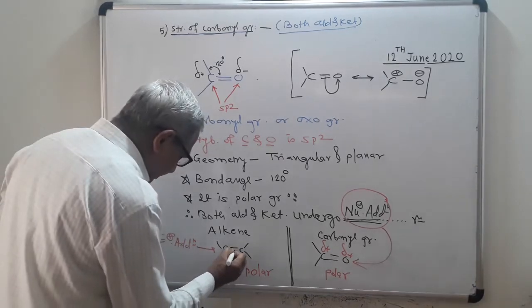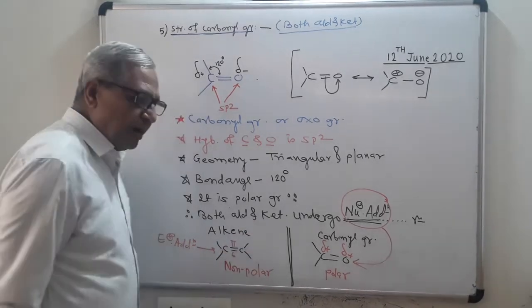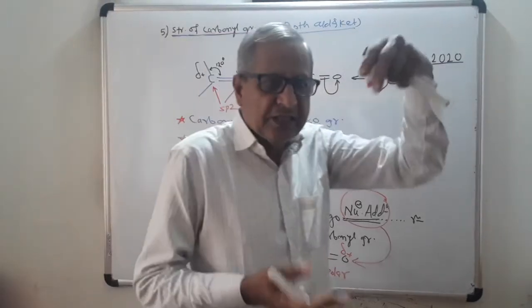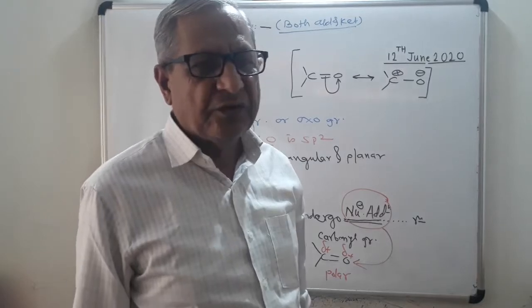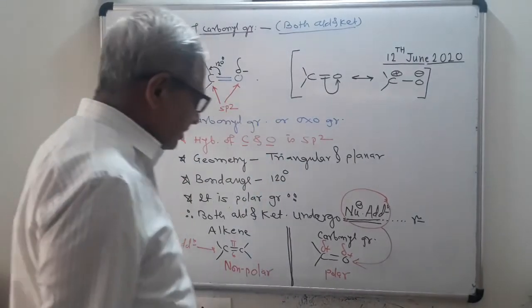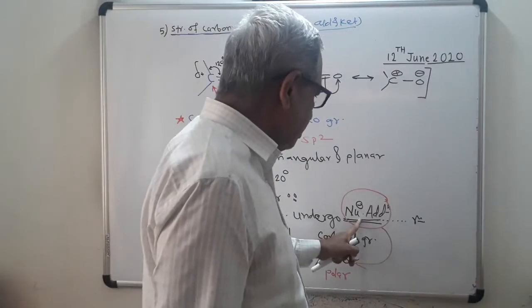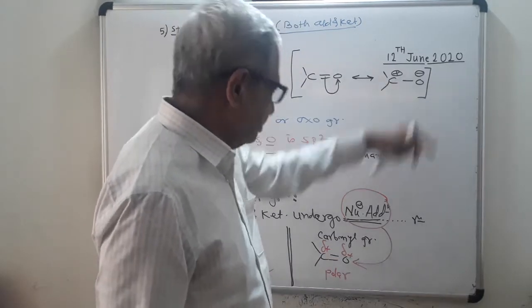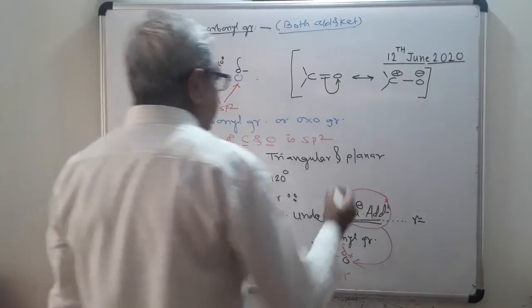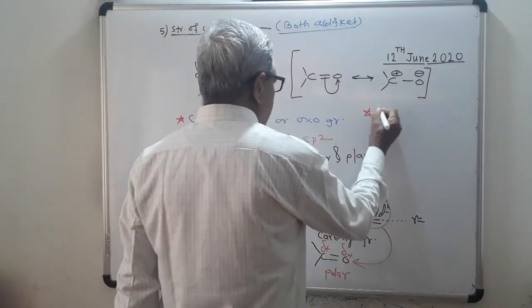Here one is a sigma bond, another is a pi bond. Pi electron cloud is present above and below the carbon-carbon double bond, and therefore alkenes will undergo electrophilic addition reaction. The carbonyl will undergo nucleophilic addition reaction because carbon has a positive charge from the resonance. Now last question: how is the carbonyl bond formed?